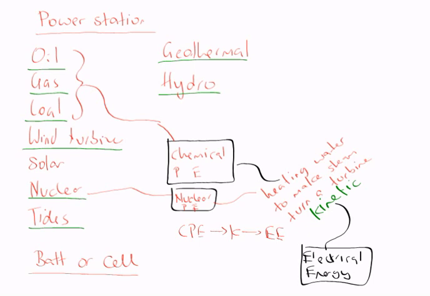What about tides and the wind turbine? They actually skip the idea of making steam. They directly turn the turbine. So the kinetic energy of the tide will turn the turbine, which is kinetic energy, and that will create electrical energy. Same with the wind turbine. The kinetic energy of the wind will turn it and make that one go.